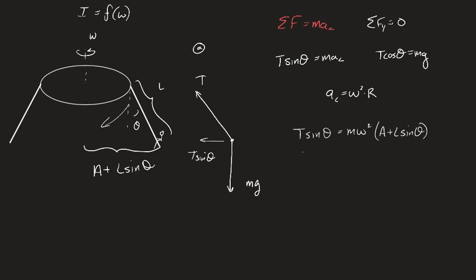Now, I'm going to remember that from last year or last semester. If we have a sine theta and a cosine theta term, line them up and divide, just get the tangent. I think that works here too. Cancels the m's out, and I get tan theta equals omega squared over g times A plus L sine theta.